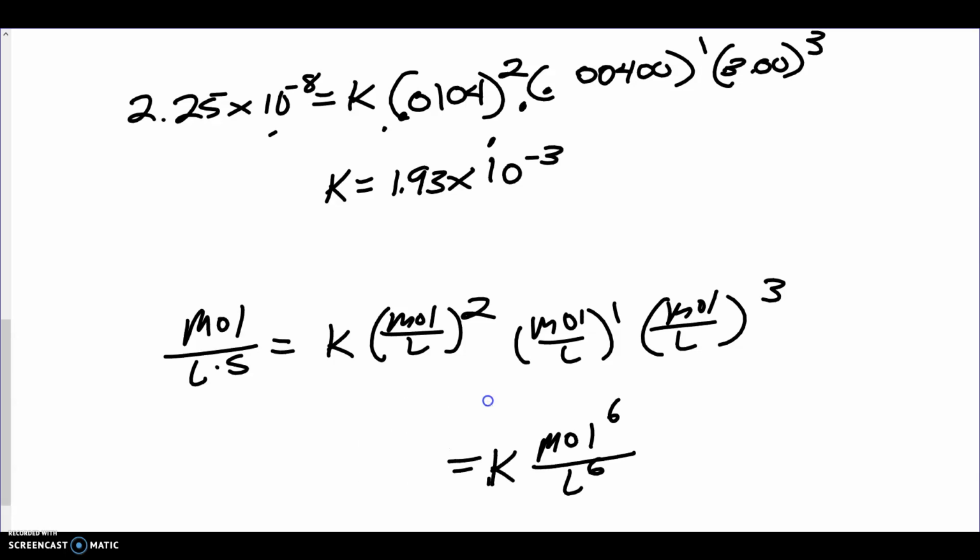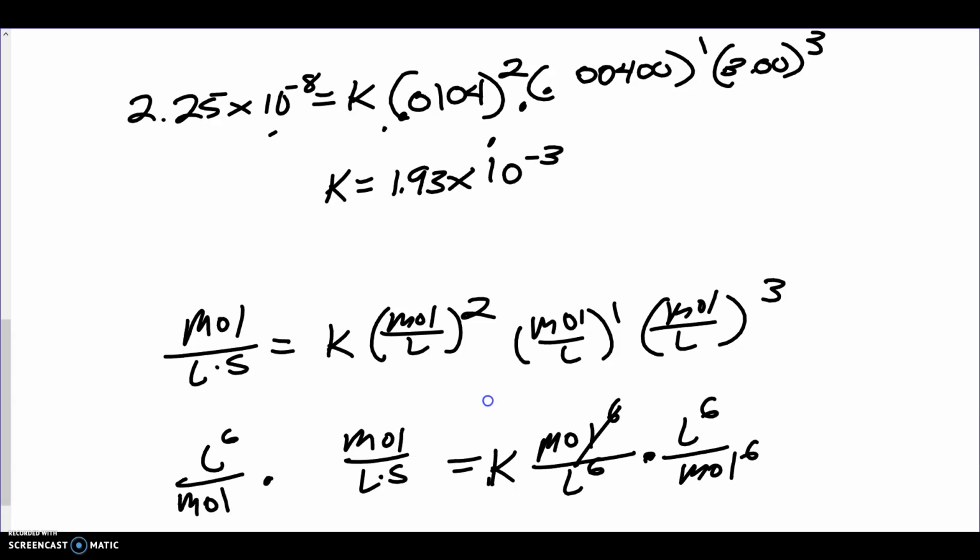Now, that's multiplied by K, and then we have moles over liters seconds. Well, how do we get K by itself? We divide. Well, when we divide by a fraction, we're multiplying by the reciprocal. So that gets rid of this guy. Now we jump over here, and we're going to multiply by that liters to the 6 over moles to the 6. Well, one of the moles is going to cancel out, and we're going to be left with moles to the 5th over here.